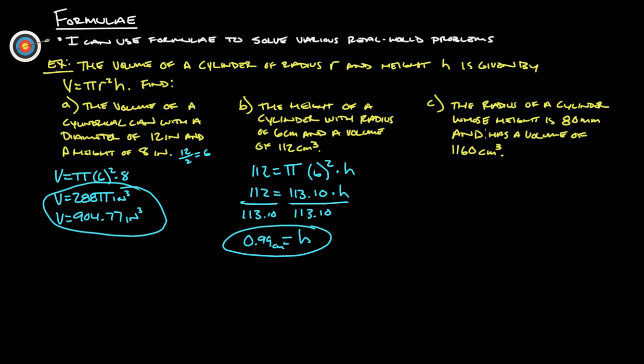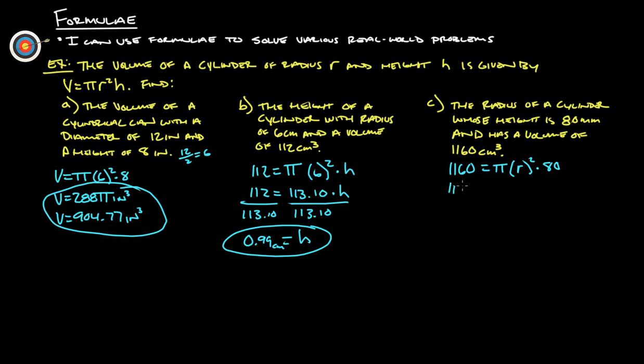Okay, last one here. Find the radius of a cylinder whose height is 80 millimeters and has a volume of 1,160 centimeters cubed. So we're going to figure out what the radius is. So we now know the volume is 1160 equals pi times, we're looking for the radius, and we know the height is 80, right?